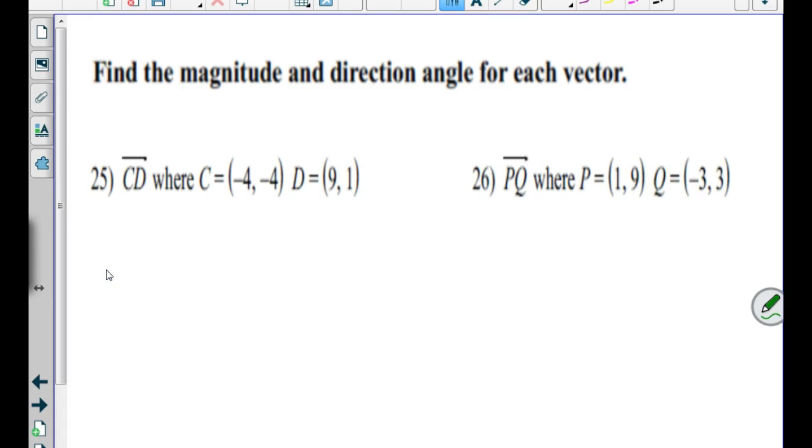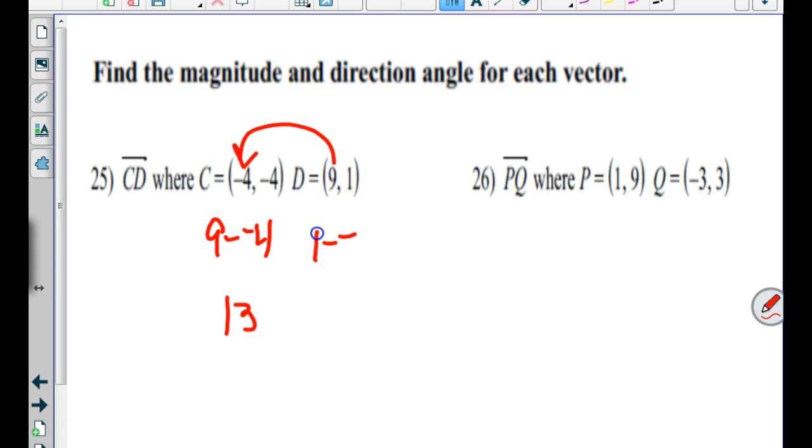Apparently I thought we needed to do another one. Do we need to do another one, or we just need to make sure we can find the components? What are the components for this one? From negative 4 to 9, it went up 13.